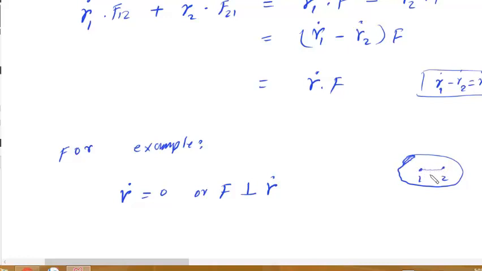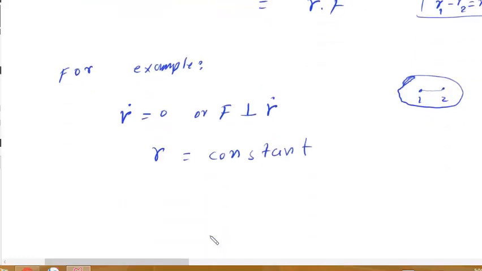This is the property of rigid bodies. If there are a number of particles, then the distance between all the particles is fixed. Then we can say that r is constant, the distance between the two particles, or the number of particles, is constant.